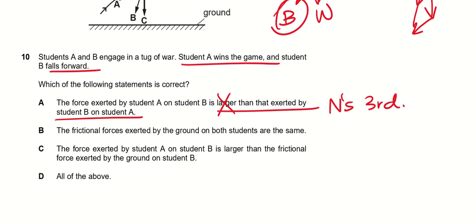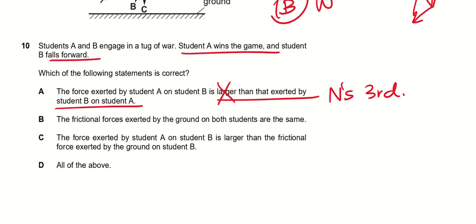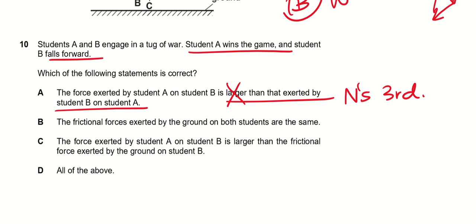Frictional forces exerted by the ground on both students are the same. May not be. The force exerted by student A on B is larger than the frictional force exerted by the ground on B. Because B loses. So you see, A pulls B and B also pulls A. But why is it that A will win?